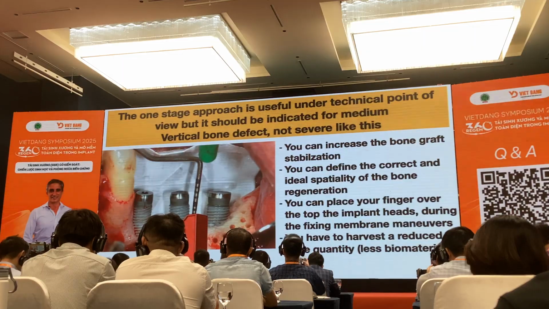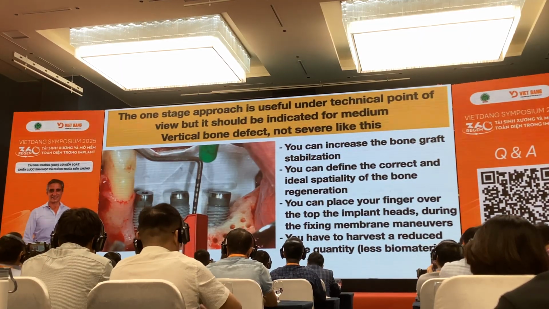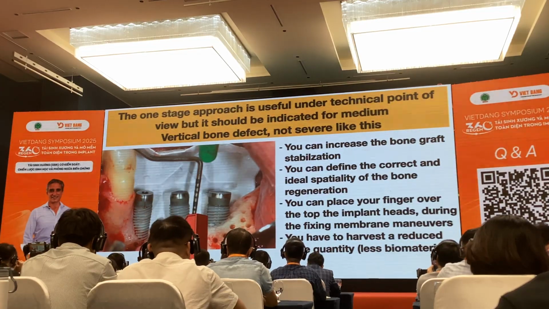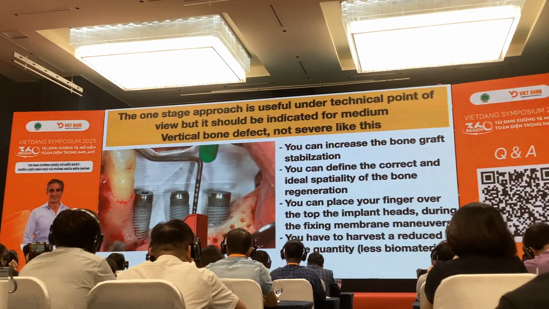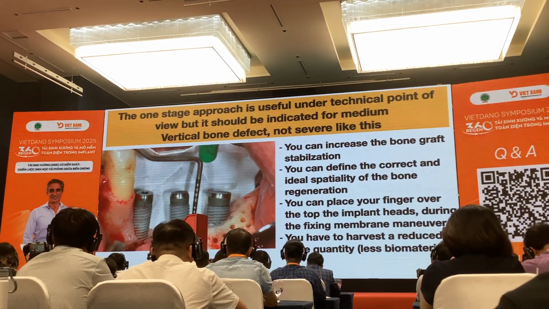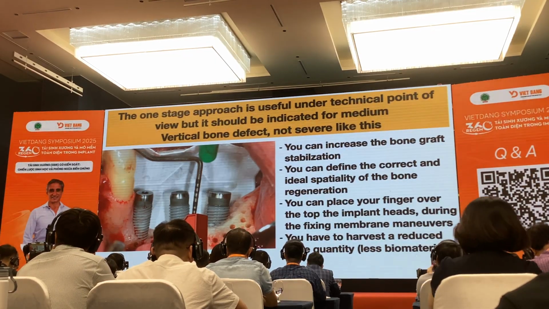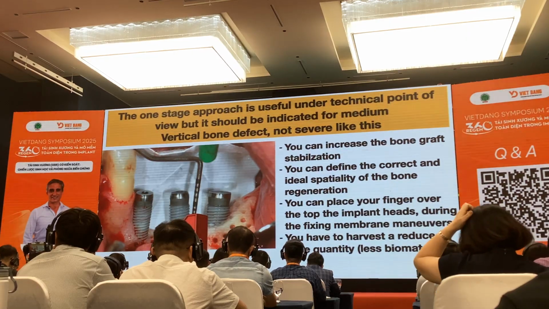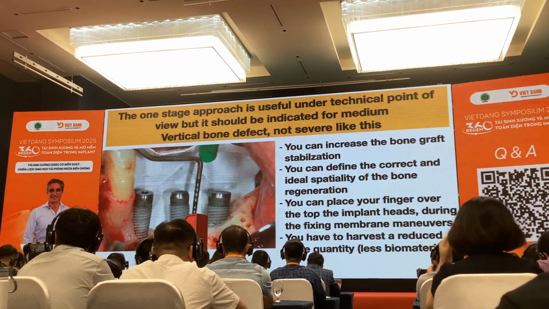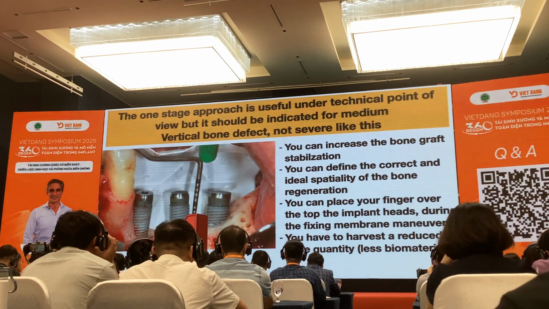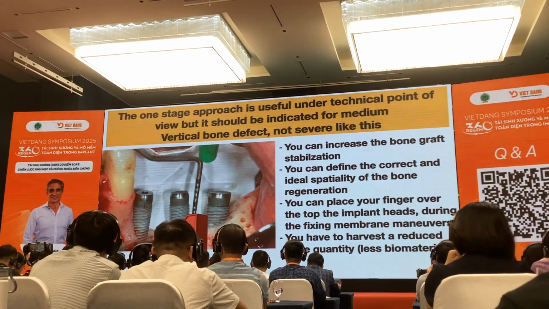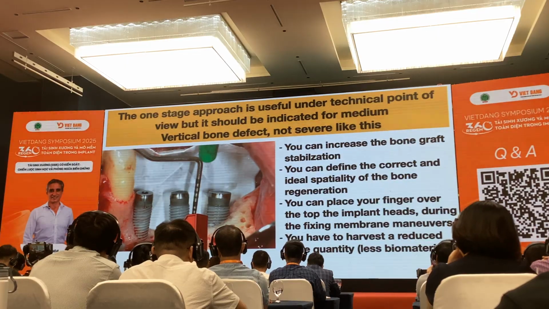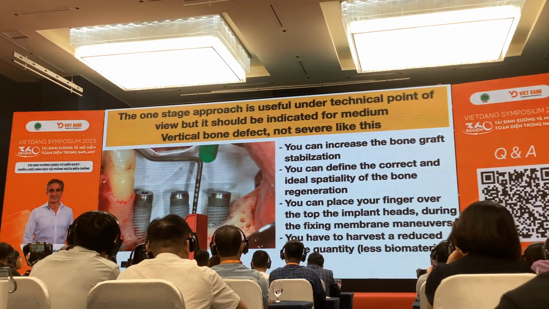And when we have the implants, the biomaterial with the blood flow that is placed around the implant is more stable than the same situation when we don't have the implants. Then you can define the correct and ideal spatiality of the bone regeneration.